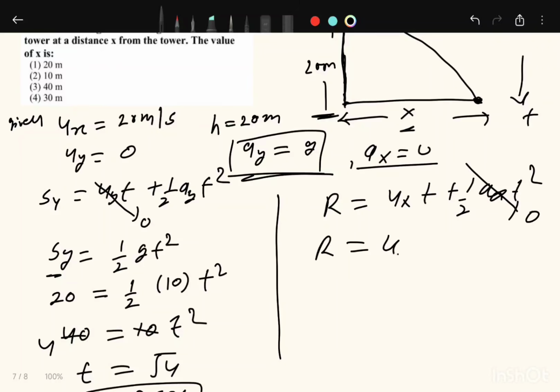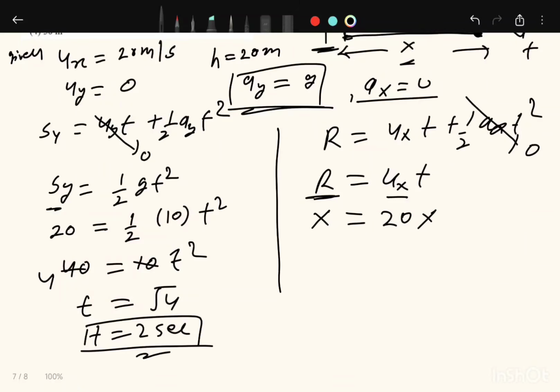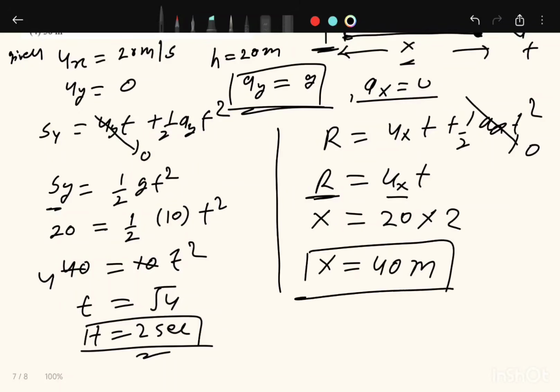So your range will become uxt. This range will be equal to this x, of course it is. So x will be equal to ux, which is given to you as 20 meter per second, and the time that you have already figured out is 2 seconds. So it will multiply this 20, and the range it will give will be equal to 40 meter.